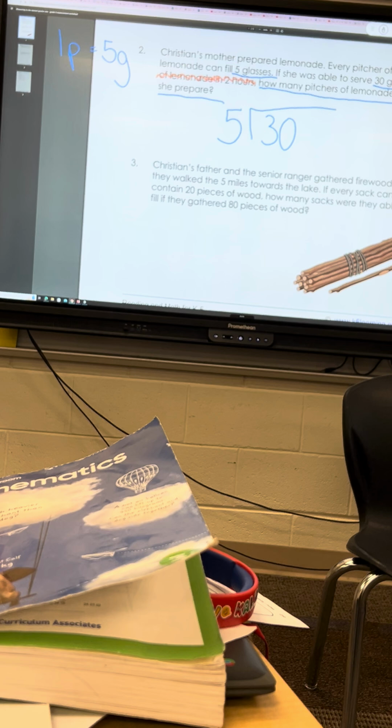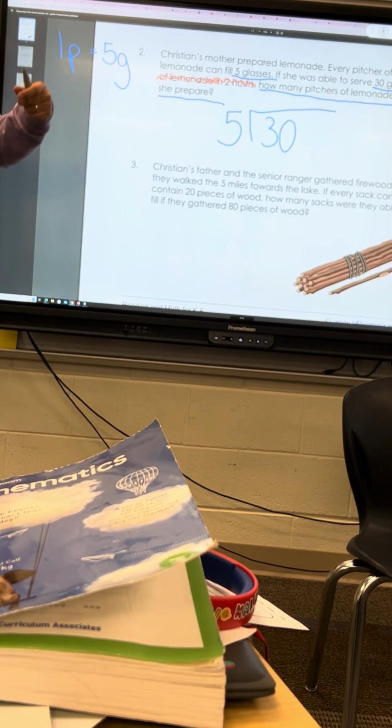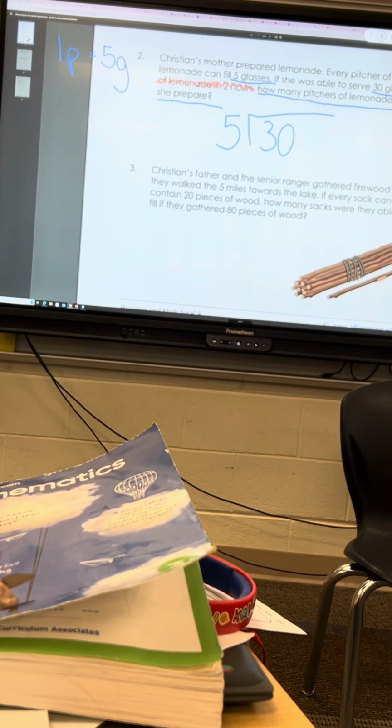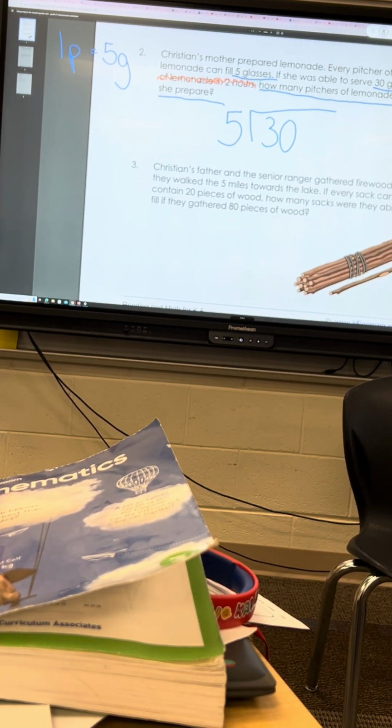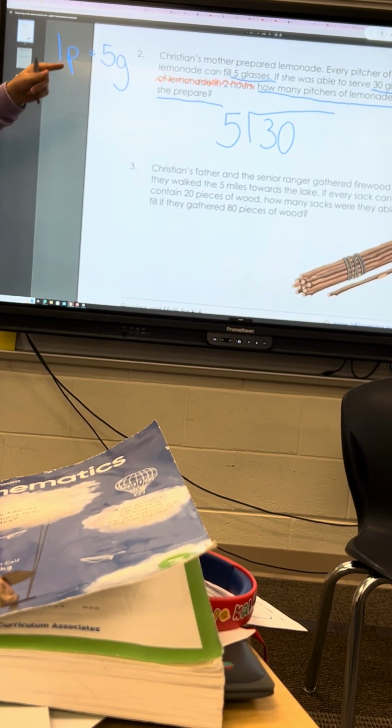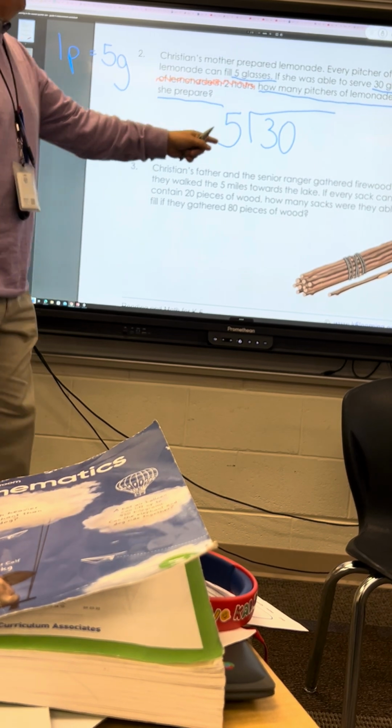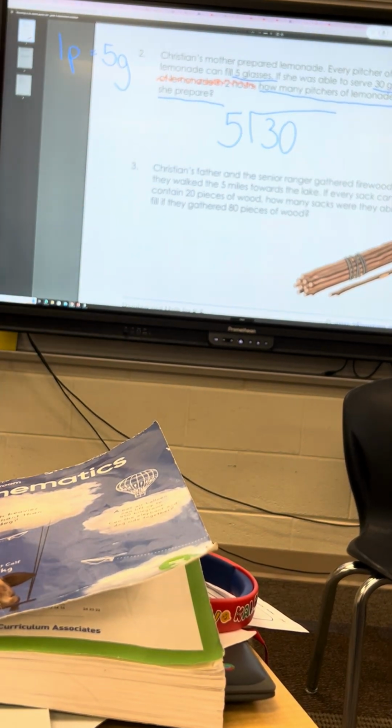You'd have to skip count by 8 till you get to 1,000. So yeah, you could do it that way for this, but when you get to the bigger numbers, you're gonna have to know this.